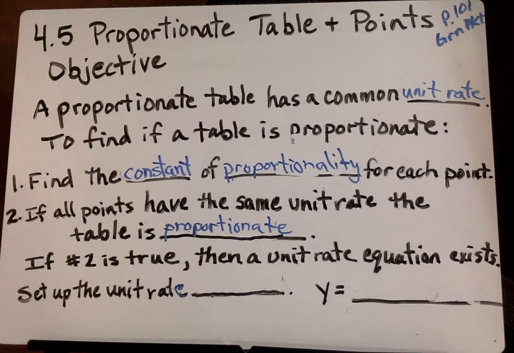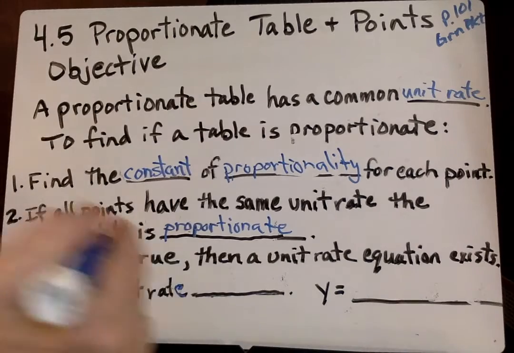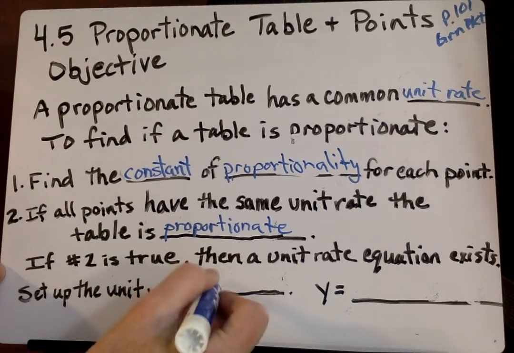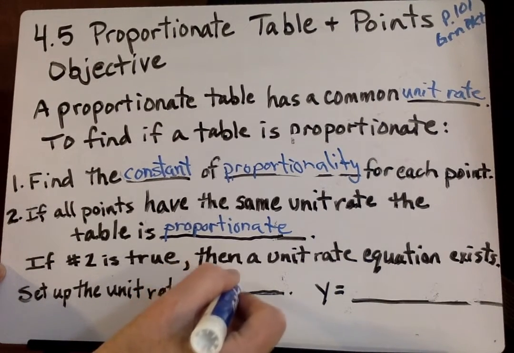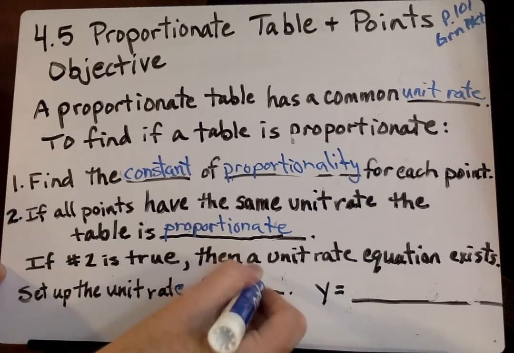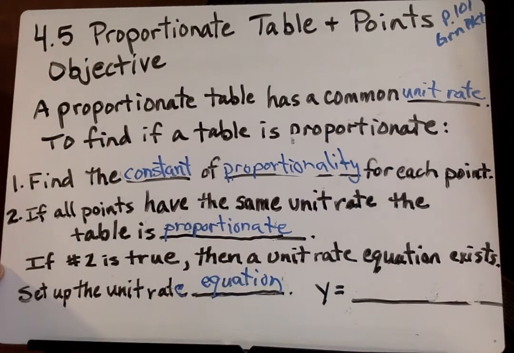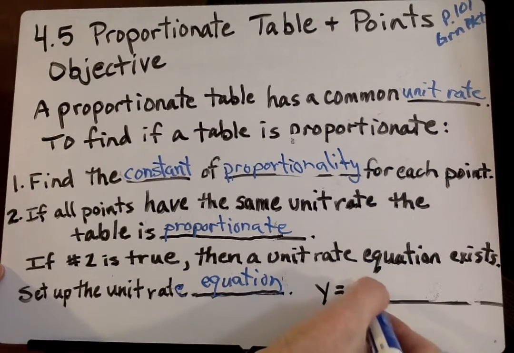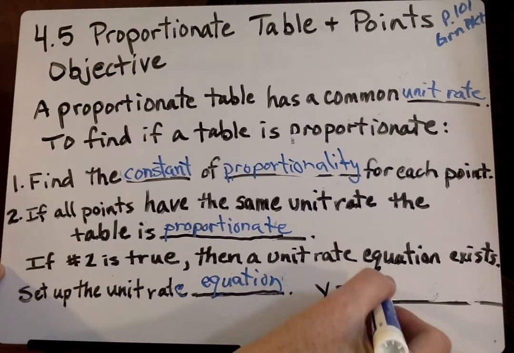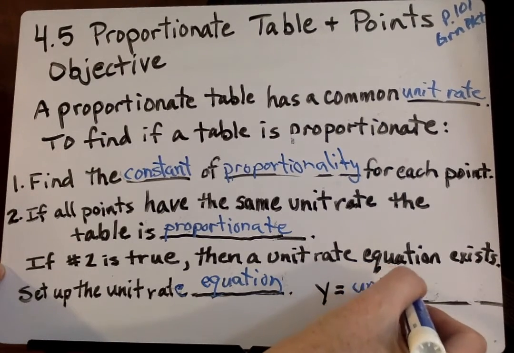If number 2 is true, then a unit rate equation exists. Set up the unit rate equation. Okay, how do we figure that out? That will be y equals whatever your unit rate is times x.